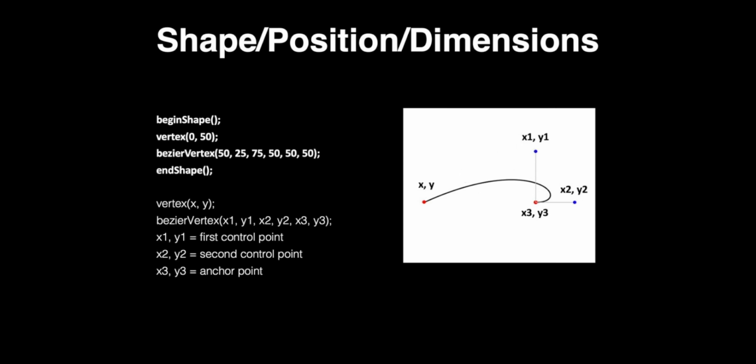I honestly don't use this very often because it is kind of hard to understand, but feel free to play around with that. If you are interested in doing other more basic curves in your shape, you can check out the curve vertex function, which is just a lot easier to use than Bezier vertex.